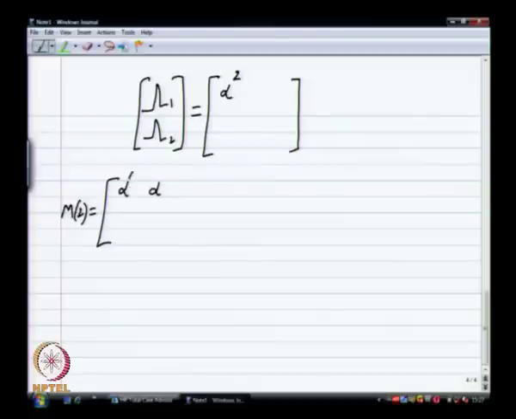So, this was alpha power 4 and alpha power 3, alpha power 4, this was my matrix.